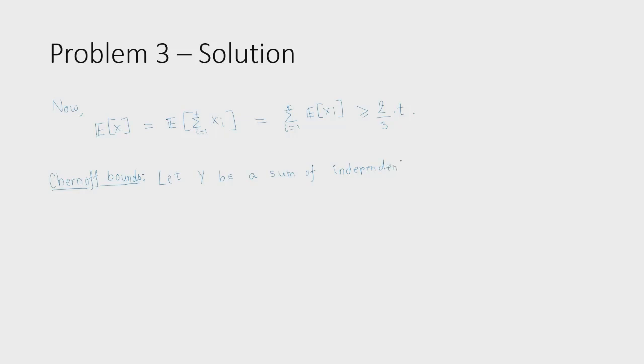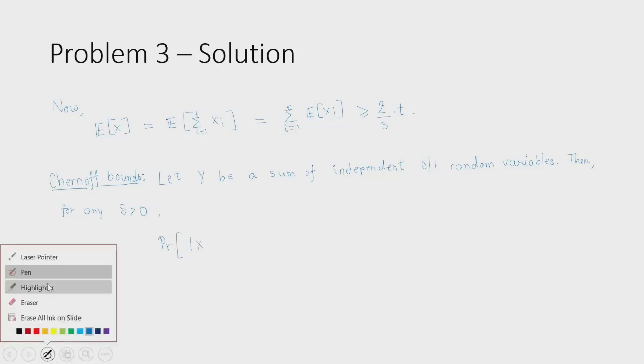Dependent 0 1 random variables. For any delta greater than 0, the probability that the absolute value, oh, I'm using y, not x.